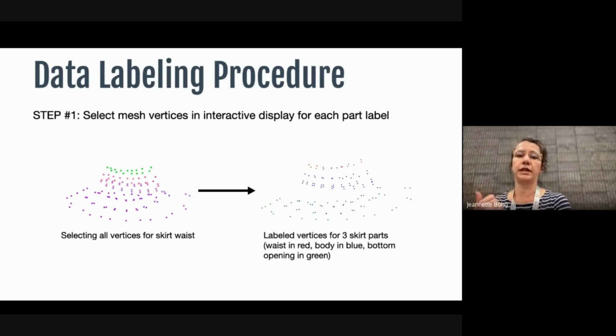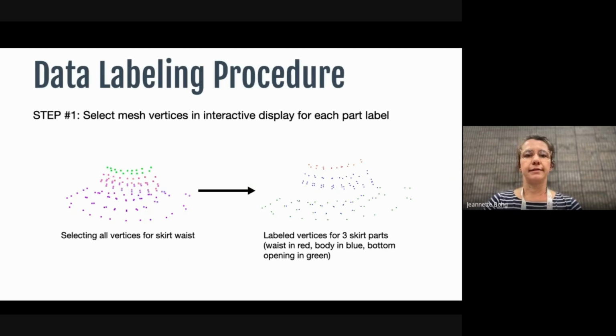On the left, you see that we selected all the vertices related to the skirt waist, and that is shown in green. After doing this for each semantic part label, you can see on the right that we have the completed vertex labels with the waist in red, the body in blue, and the bottom opening in green as well, right? So again, this is not the point cloud. These are the vertices of the mesh, okay?